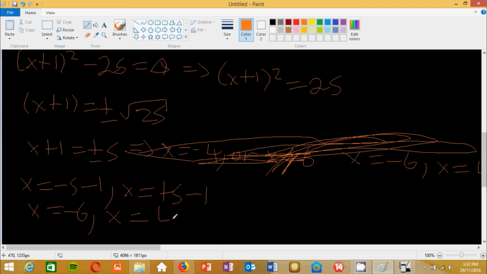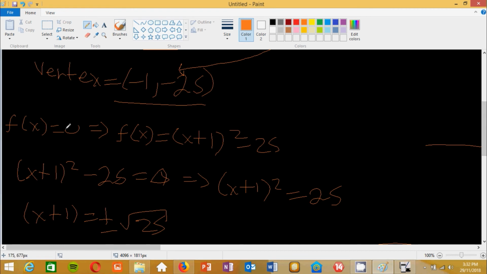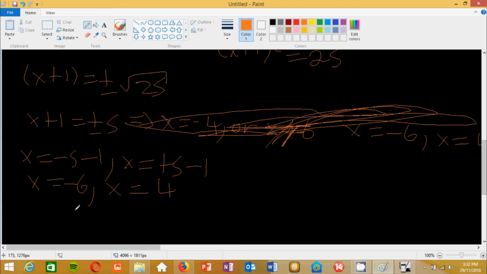That's going to give us 4. So these are going to be our two solutions to this quadratic equation. The solutions to the quadratic equation f of x is equal to 0 are x is equal to -6 and x is equal to 4.